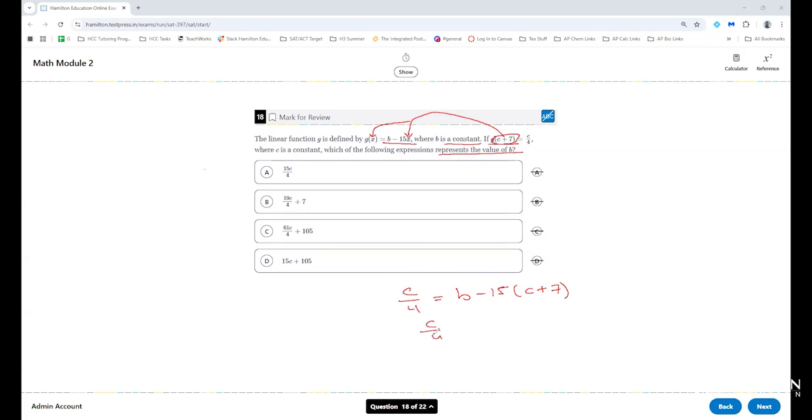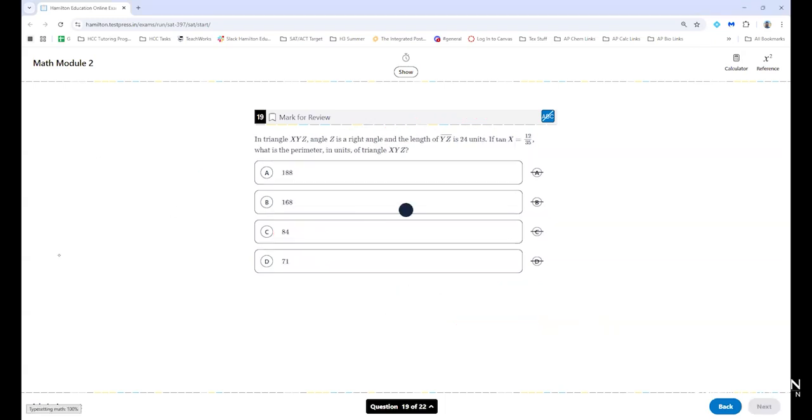So c over 4 plus 15c plus 105 is equal to b. And then we're going to start matching up that answer. So that has a 105, that has 105, and it's 15c plus a little bit, so it's not 15c. And if you did not know that, 61 over 4 is 15.25, which is 15c and a quarter.